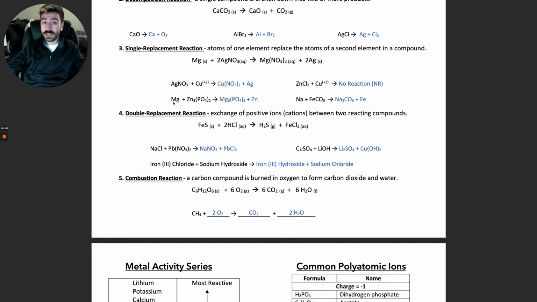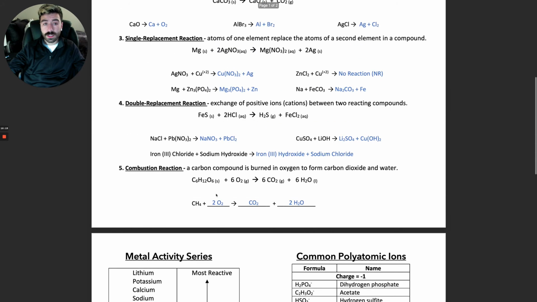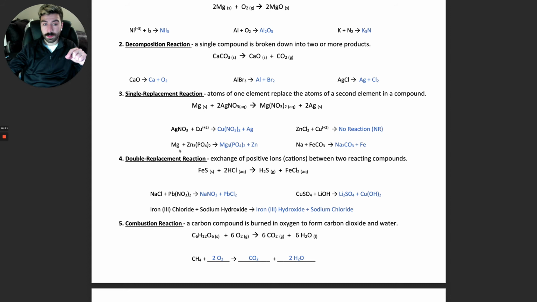Here we have magnesium and zinc phosphate. Is magnesium more reactive than zinc? We look. Here's magnesium, here's zinc. It is, so the reaction proceeds. So you end up with magnesium phosphate, Mg3(PO4)2 because magnesium is plus 2, phosphate is minus 3.